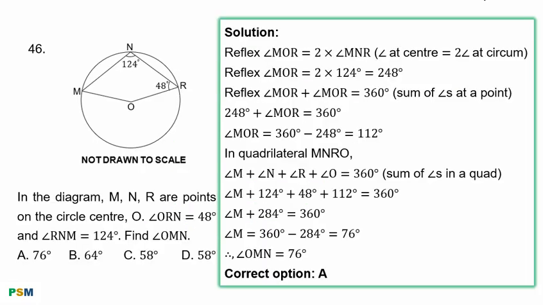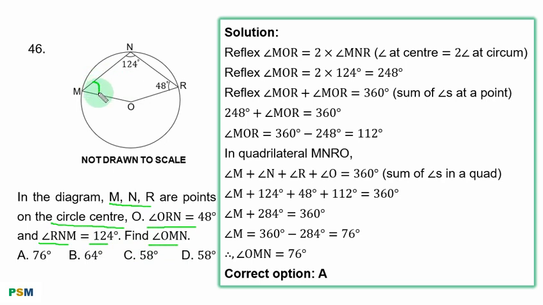Question 46. In the diagram, M and N are points on the circle center O. Angle ONM equal to 48 degrees and angle MNO equal to 124 degrees. Find angle OMN.